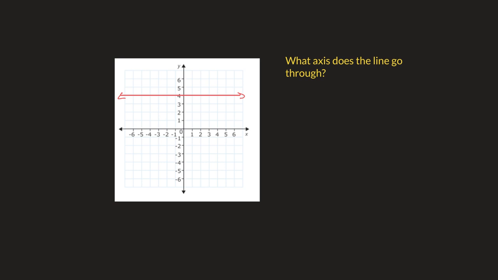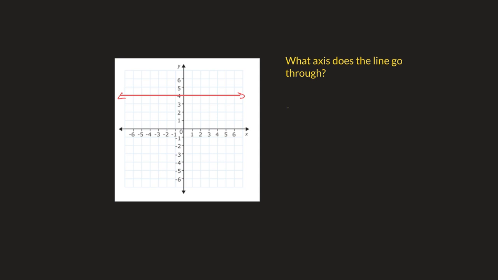But here's one of the big questions you need to ask yourself. What axis does that line go through? Y. It goes through the y-axis, okay? This vertical axis right here is your y-axis. A horizontal line goes through the y-axis.